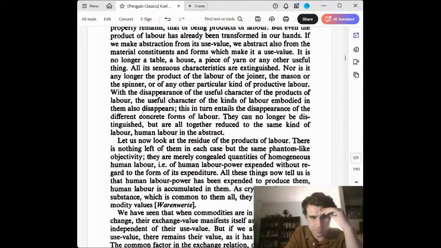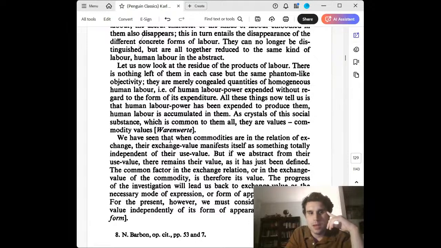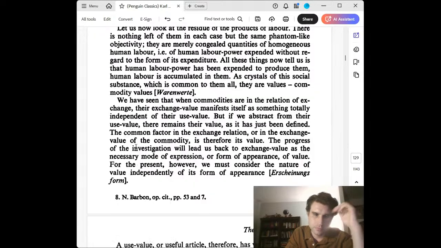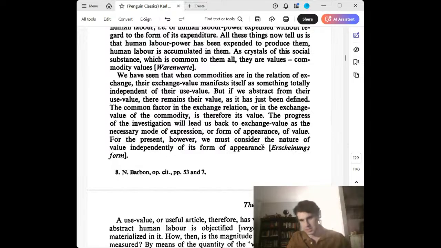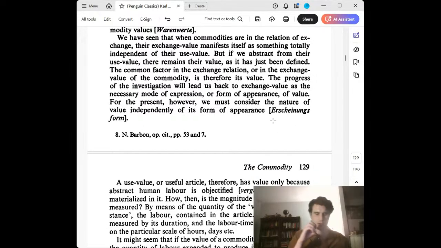Finally, the phantom-like objectivity. And then we talked about exchange value as the form of appearance of commodities, or of value. So value is socially necessary labor time. How long does it take the average worker using the technology available to make that thing?